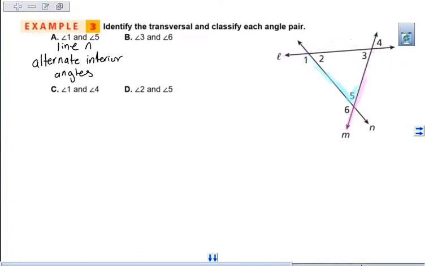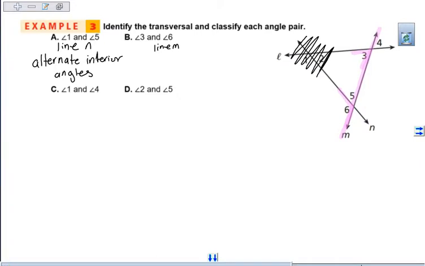Next up, we are looking at angles 3 and 6. So those are the two that I just highlighted. And the line that they're both on is line M. That is our transversal. So again, if you need to, cover up this other piece with a piece of paper so it doesn't throw you off.